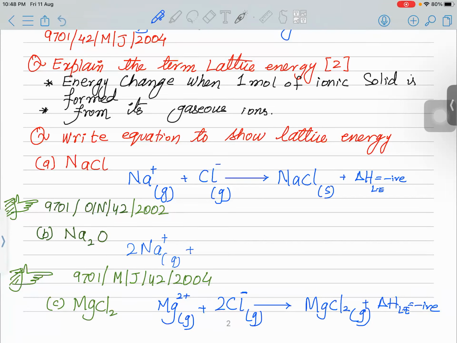Sir, O2 negative, gaseous. Okay. O2 negative. Now when we combine these two, Na2O is formed. This is solid, and delta H is lattice energy, which is negative.